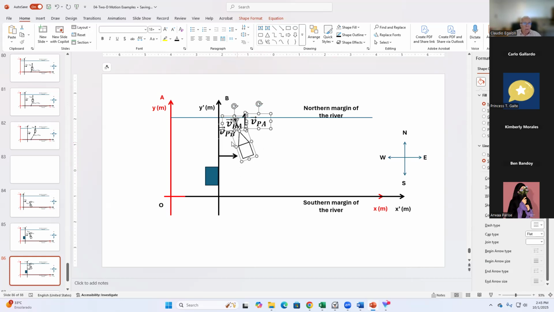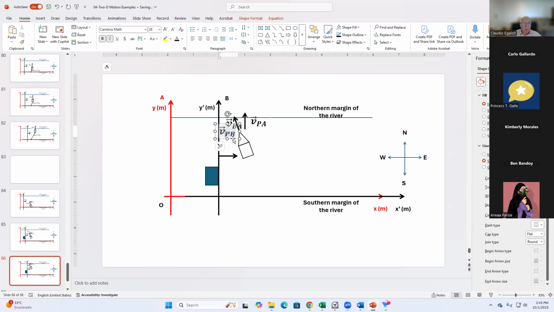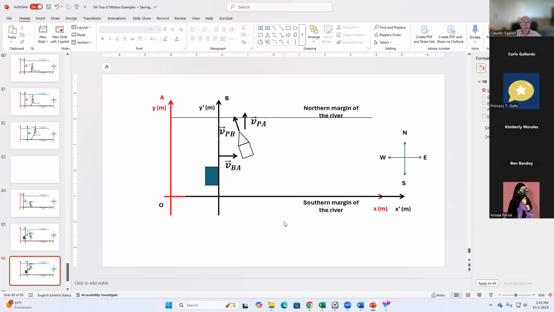I want my VBA to stay here, and let's not forget, this horizontal component must cancel this one for the boat to move like that, right?